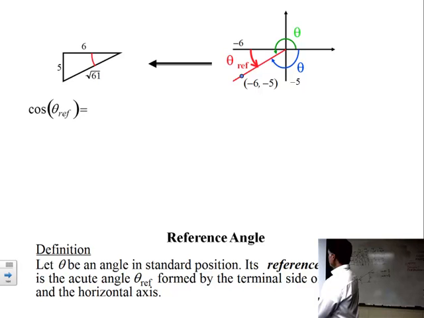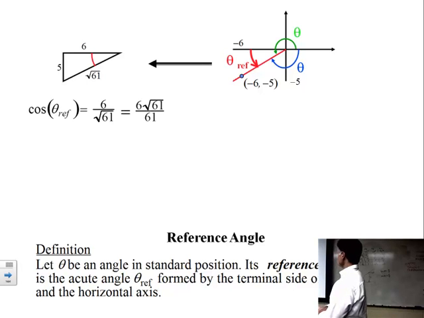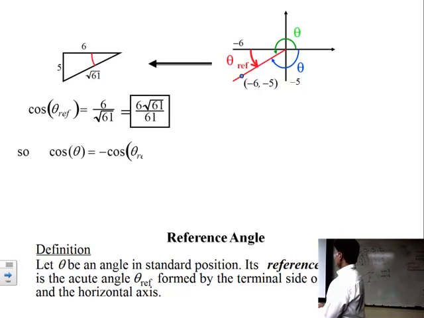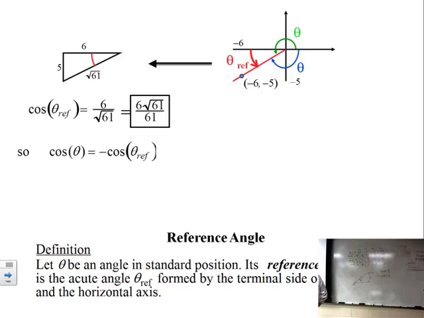Cosine of the reference angle, in this case, if you think of all of these quantities being positive, is 6 over root 61. And the true cosine is going to be the negation of this, because I'm in quadrant 3, so the cosine is negative.